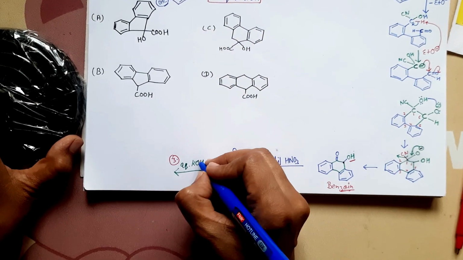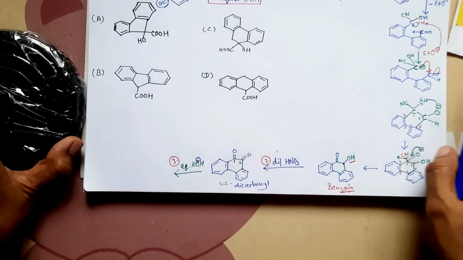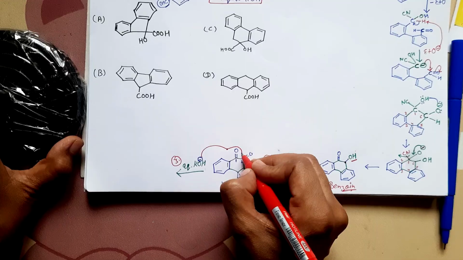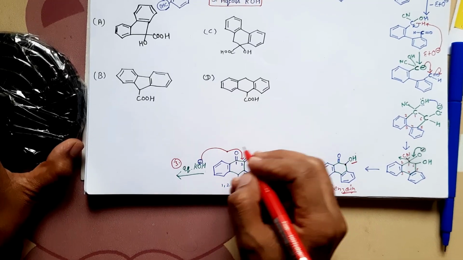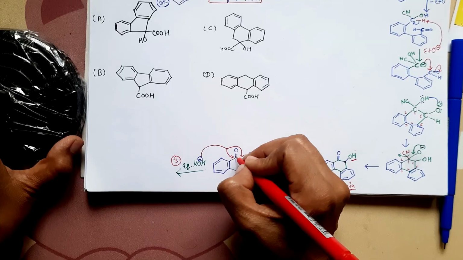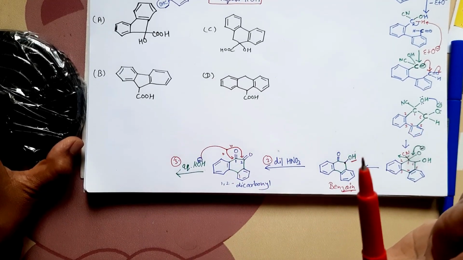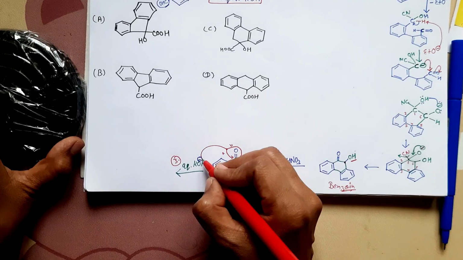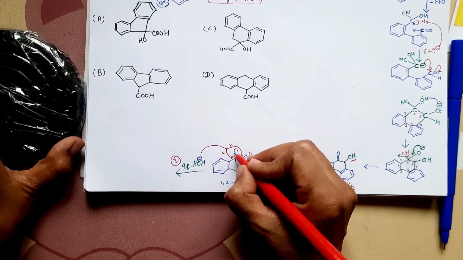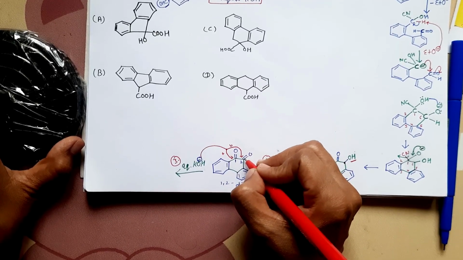In KOH, this OH group acts as a nucleophile and attacks one carbonyl group. Both are the same condition, so this hydroxide attacks the C1 carbonyl group or the C2 carbonyl group.